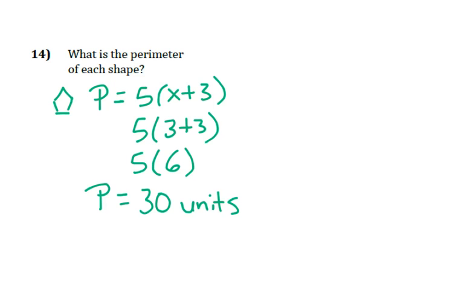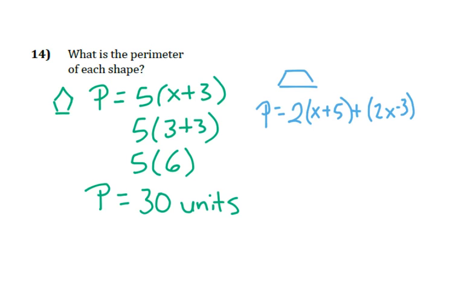Now to find the perimeter of our trapezoid, we do the same thing. We're going to substitute in. So the perimeter would be equal to the expression 2 times x plus 5 plus 2x minus 3 plus 2x plus 5.